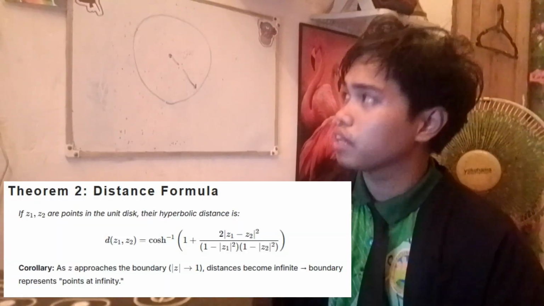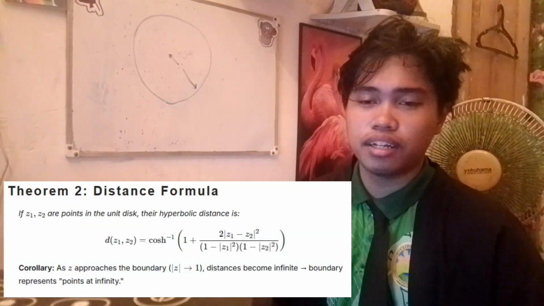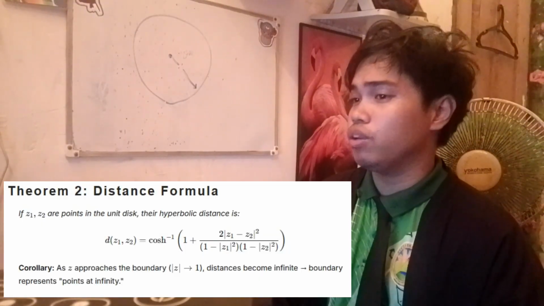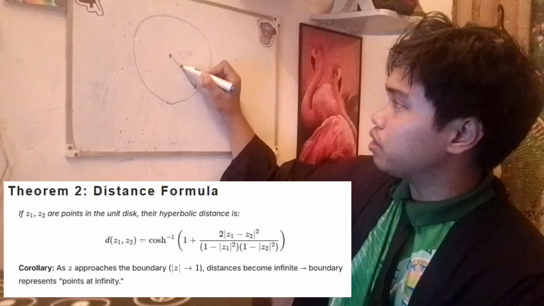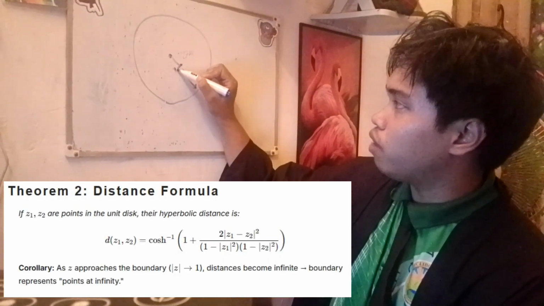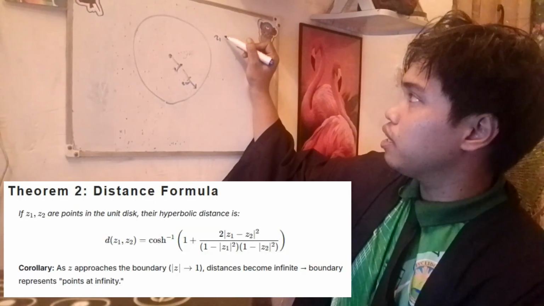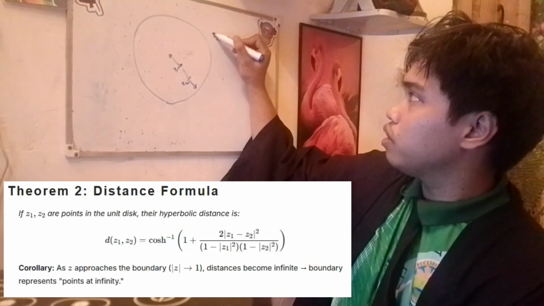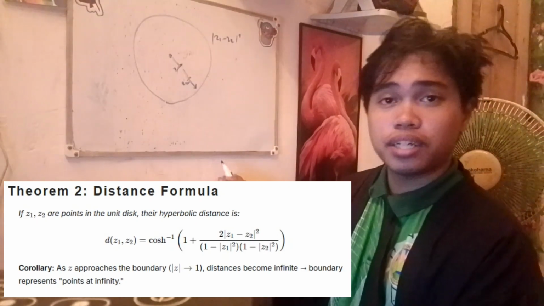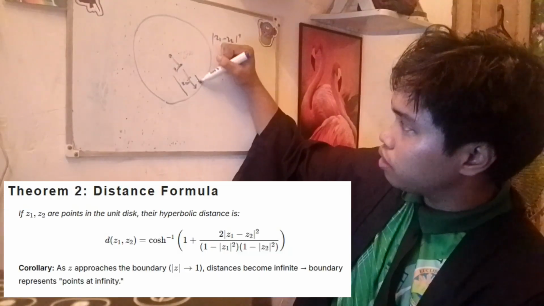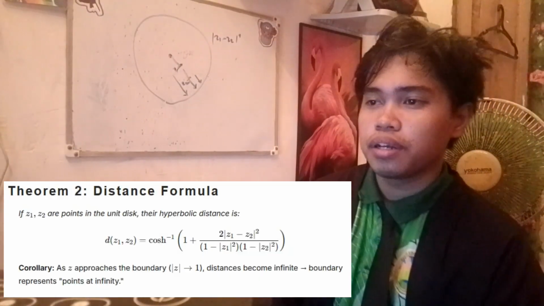So okay, z1 minus z2 squared is how far apart they look on the paper or on the board. If this is z1 and this is z2, z1 minus z2 squared means how far they are from each other.